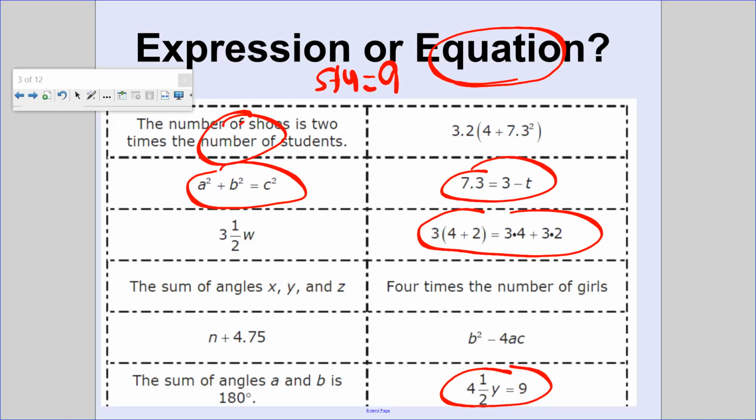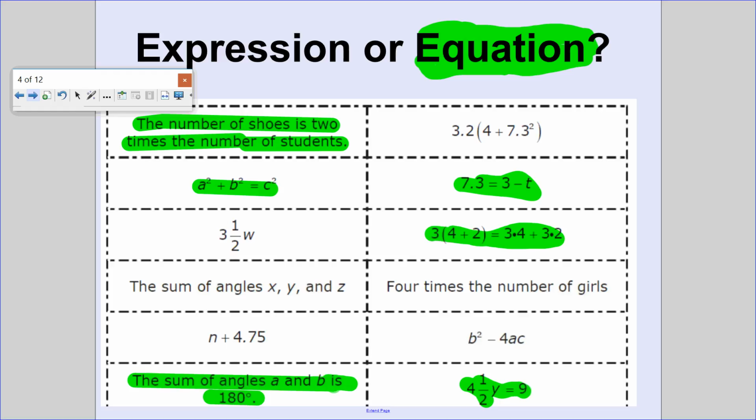Keep going down. Sum of angles A and B means you add A and B, and it is 180. This must be an equation. So those are the 6 equations: 1, 2, 3, 4, 5, 6.